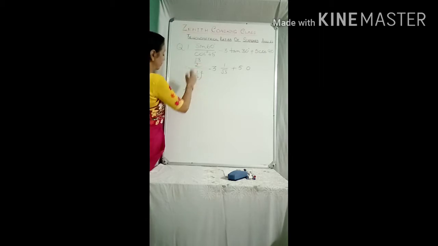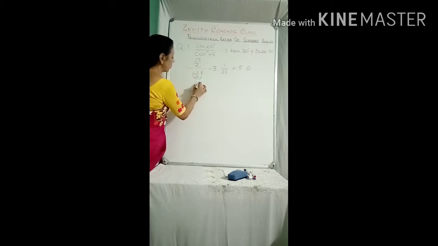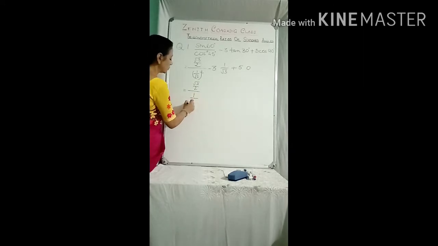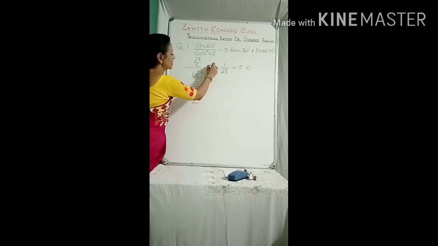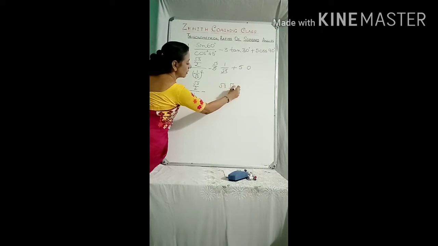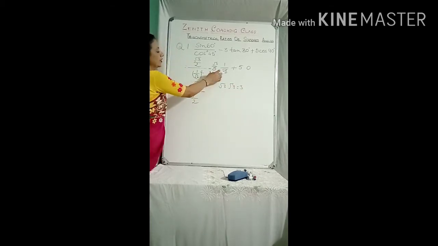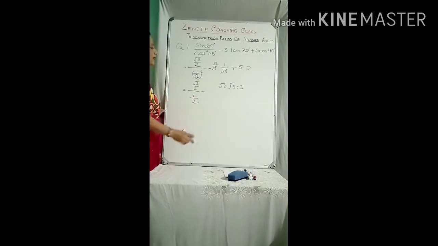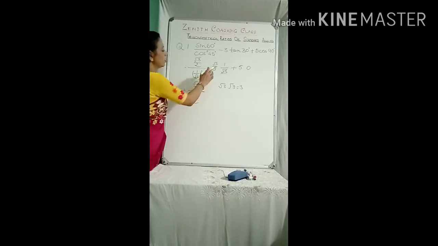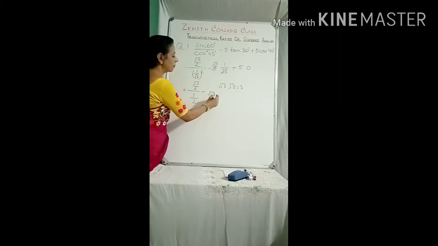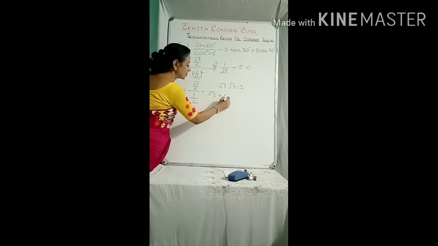So what's the answer? Root 3 by 2 divided by (1 by root 2) square, which is 2, minus 3 by root 3. Root 3 multiplied by root 3 equals 3, so here is root 3 and here is 3, that is root 3 into root 3, so we get root 3 into 1, plus 5 into 0, that is 0.